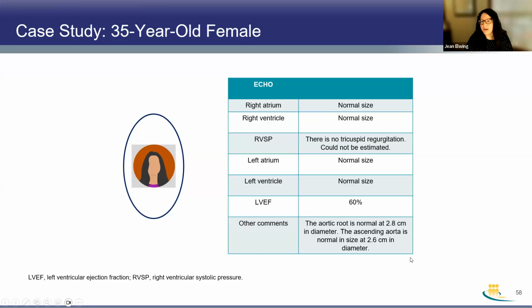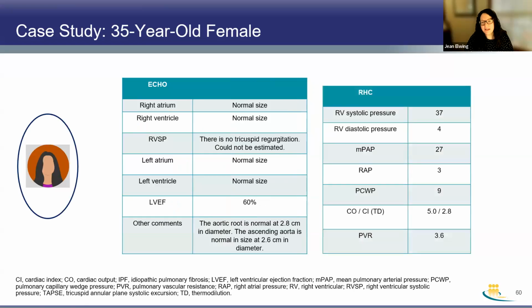Her RV and RA were normal, and you're not really sure at this point how to proceed. This is a patient you would talk with about the risks and benefits of right heart catheterization prior to proceeding, because you're not really driven in one way or another by echocardiogram. And when you proceed, she was found to have mild pulmonary hypertension.